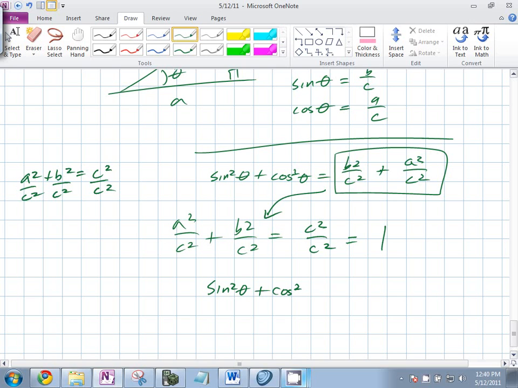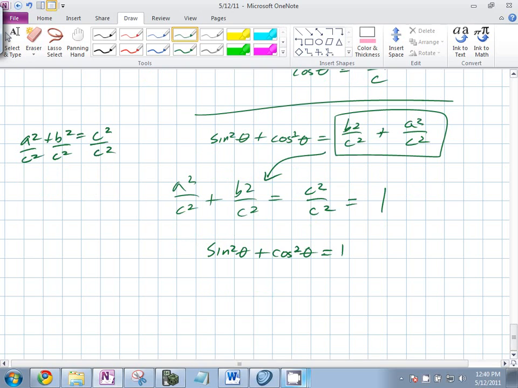And then how do you get the other two? Divide everything by sine squared. So this is the first one, right? Divide everything by sine squared and you get 1 plus cosine over sine, which is cotangent squared theta, equals what's 1 over sine? What's 1 over sine squared, everybody? Cosecant squared theta.